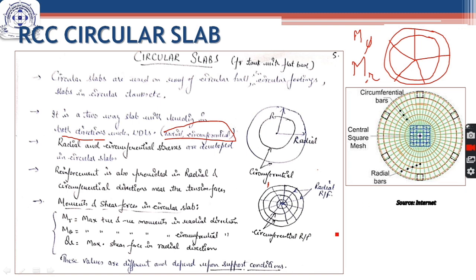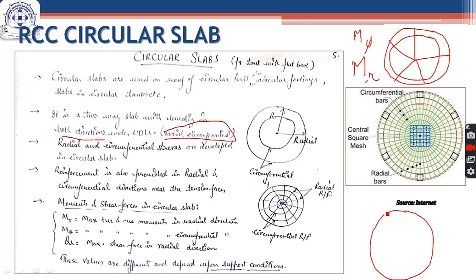If you remember, the values of alpha x and alpha y were different for different support conditions. So similarly here also, according to the support condition on the circular slab, the values of these moments will also be different.